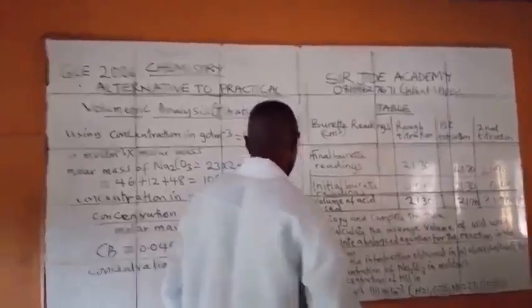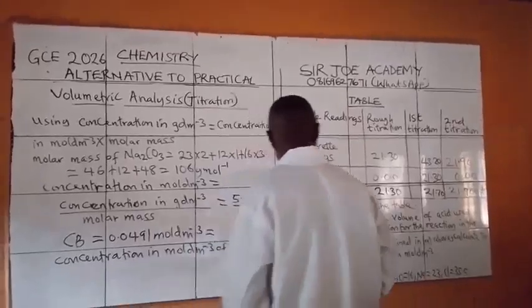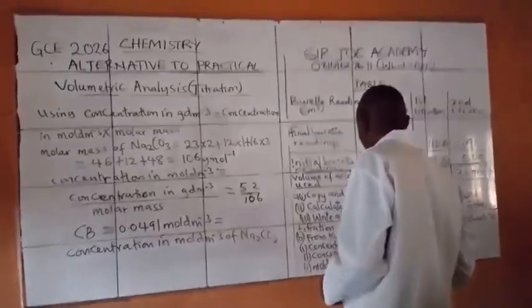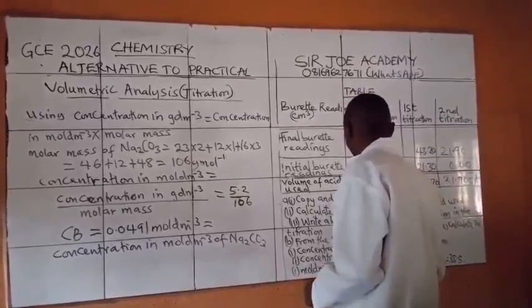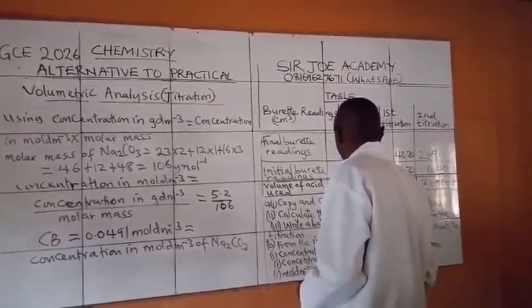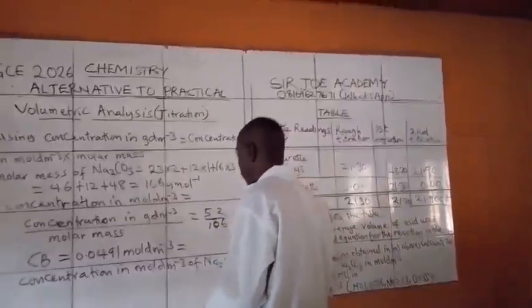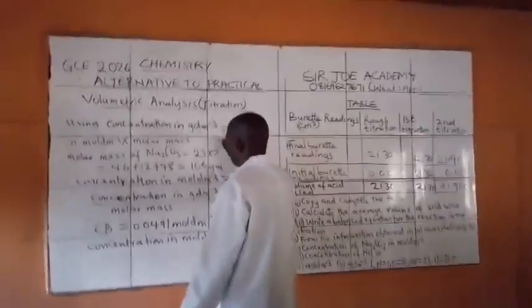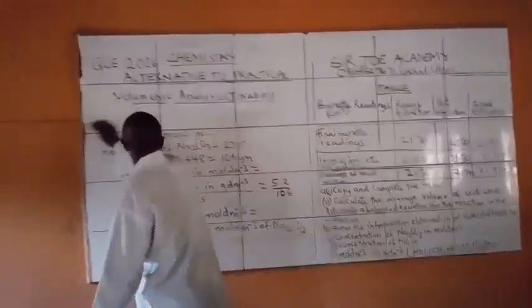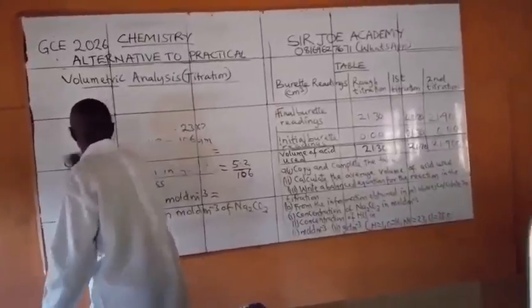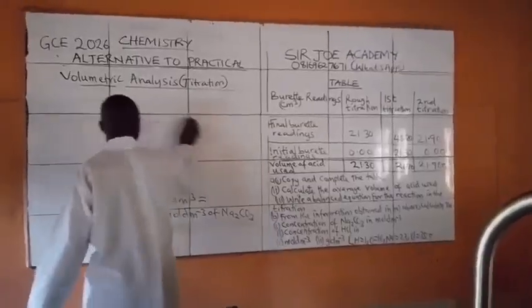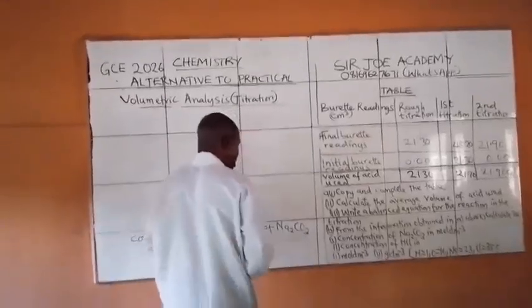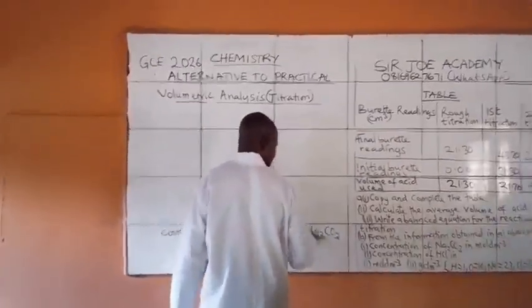Now, having solved B Roman figure 1 as well, we move to concentration of HCl. So we move to concentration of HCl.